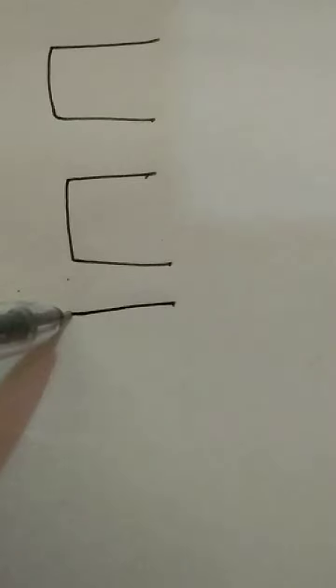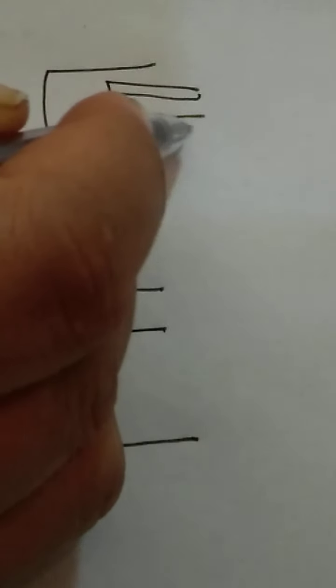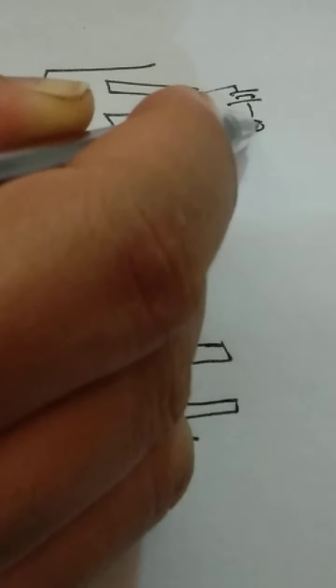So if we have 1, 2 and 3 cells, if this is the DC source, it is the ammeter. In this way we have for these 3 cells, children.